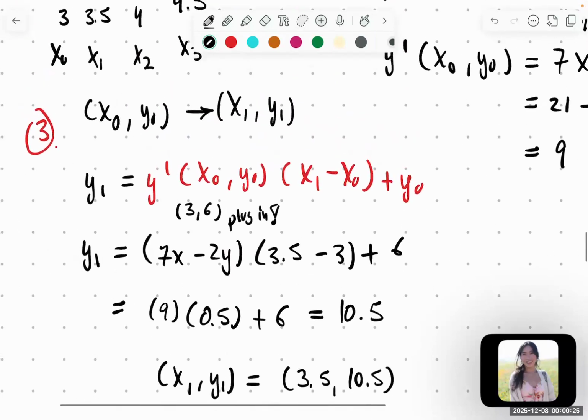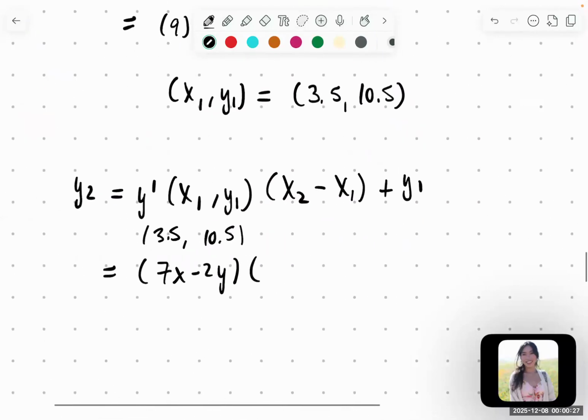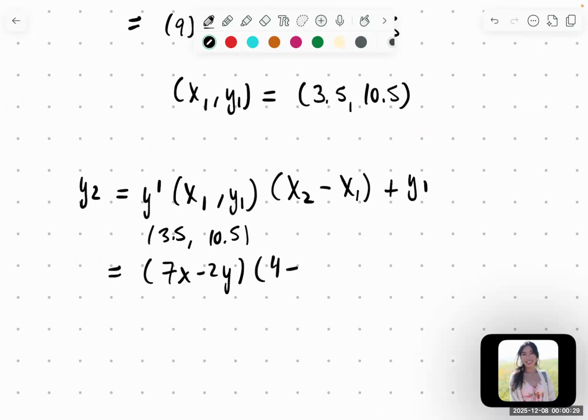Our x2, we go up here, is 4. 4 minus our x1, which is 3.5, plus 10.5. Okay, and I think this is where it's acceptable to whip out your calculator, just to make sure it's all correct.